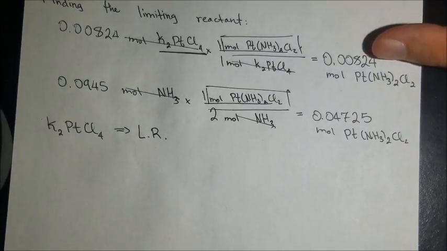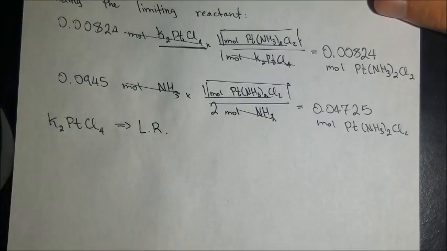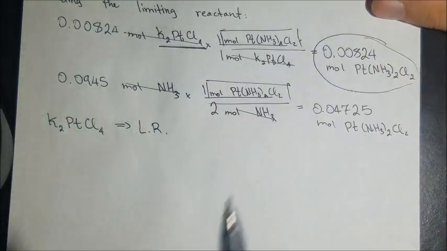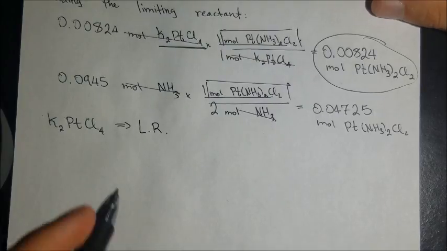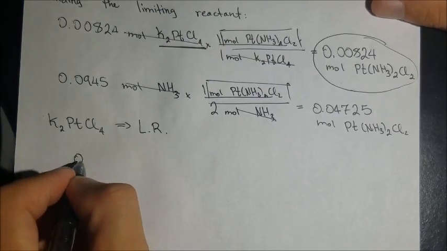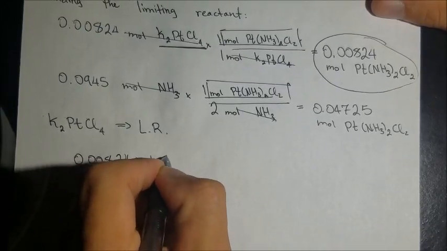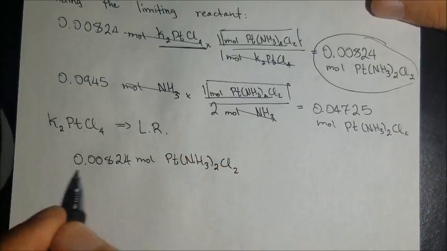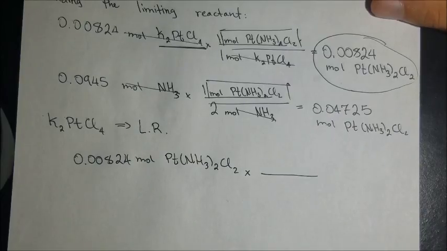Okay, so the next step for us is then to just say, okay, well, we know from this right here, we know how much product we made. That's why I like this method, is because we know how much product we made. So I can just go like this, 0.00824 moles of our product. And I can figure out the number of grams of product we made.